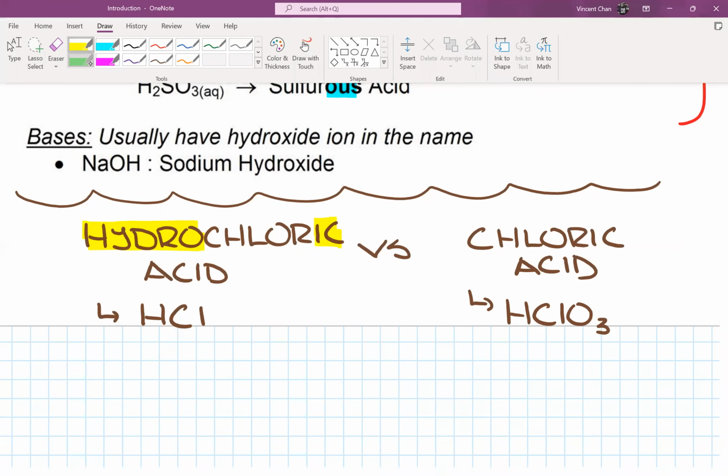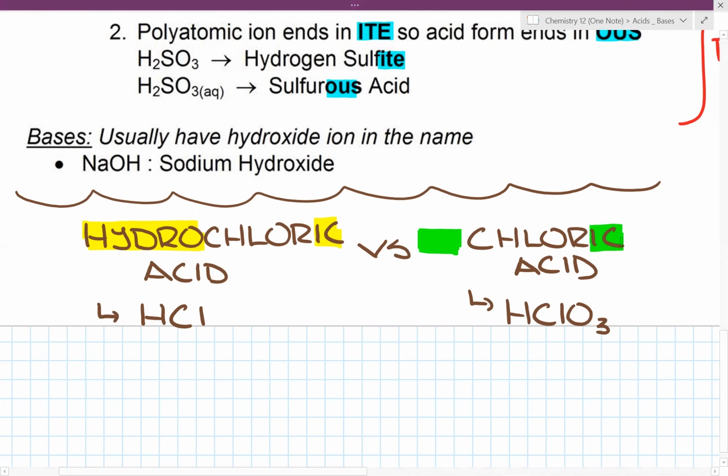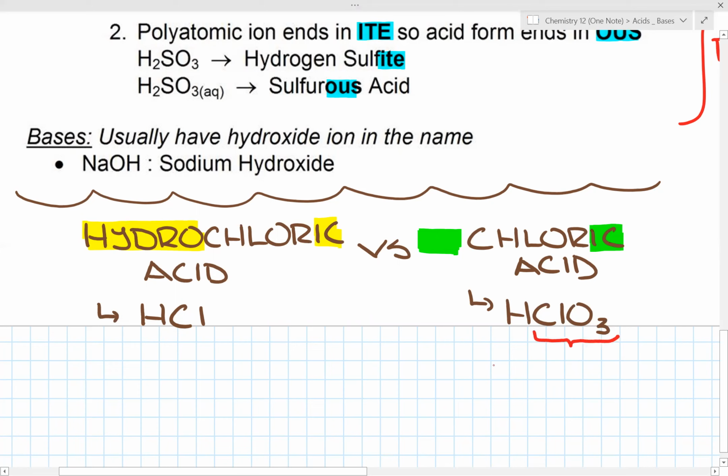For chloric acid, there is no hydro, it's just chloric acid, no hydro beginning. So in that case, it is a polyatomic, and the ic ending here means that the polyatomic ends in ATE. This is why we have the chlorate ion.